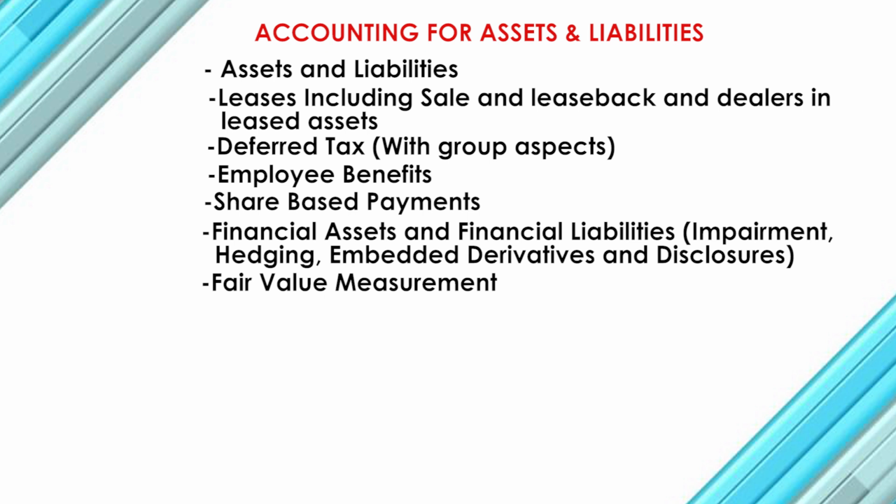We are going to look at how the fair value of various items of assets is measured. Finally, we are going to look at the measurement and recognition of impairment of assets in accordance with International Accounting Standard number 36.